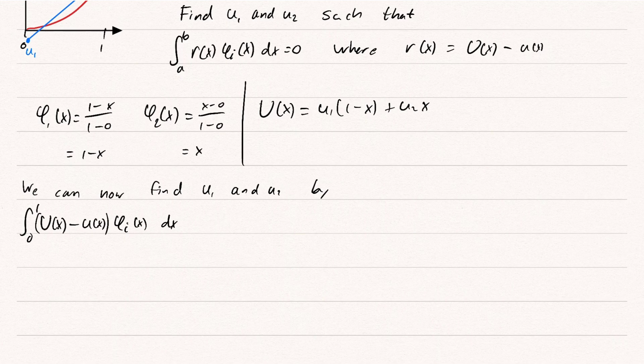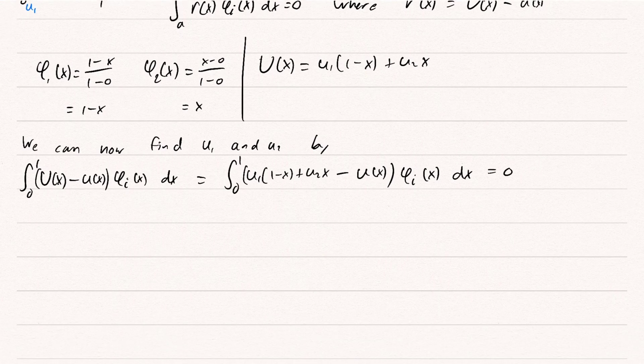And this becomes the integral from 0 to 1, and we have u1 times 1 minus x plus u2 times x, so this is U minus u of x, and then all of this is multiplied by phi i of x dx and set to 0.